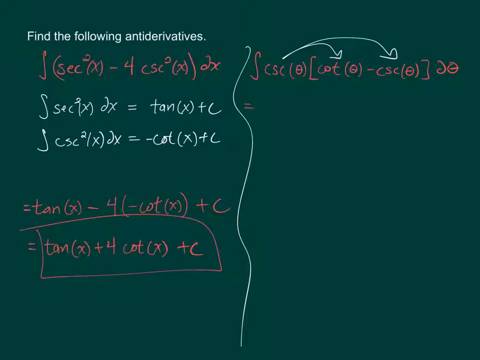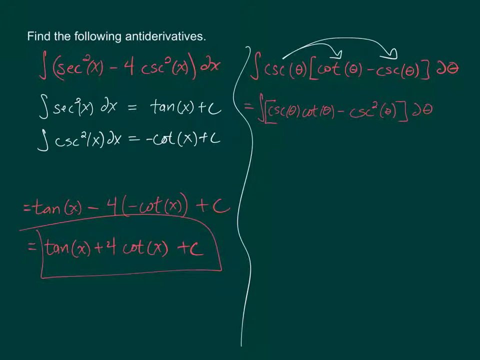So this antiderivative will equal cosecant theta cotangent theta minus cosecant squared theta d theta.